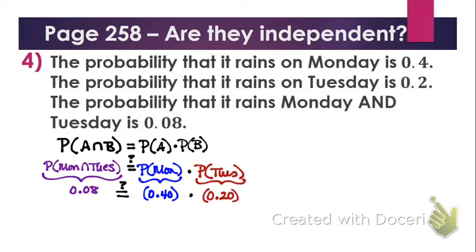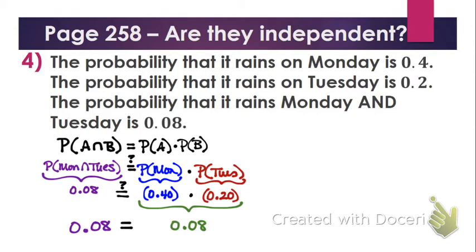So grab your calculators for me. We're going to multiply 0.40 and 0.20 together. 0.08. Is that equal to what we had on the other side? Yes.